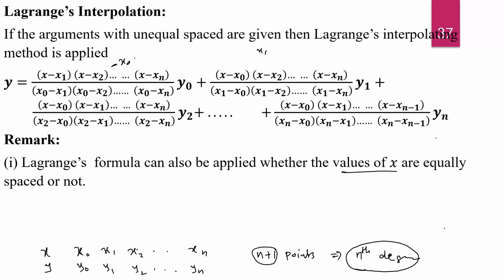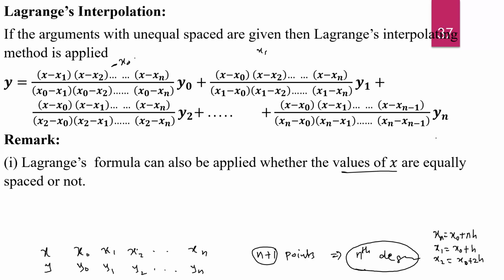We have already discussed the forward difference operator and backward difference operator, that is Newton's interpolation formula, in which we find xn is x0 plus nh. That is, x1 is equal to x0 plus h, x2 is equal to x0 plus 2h.